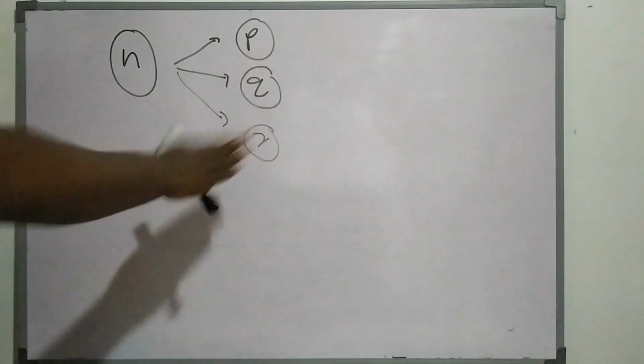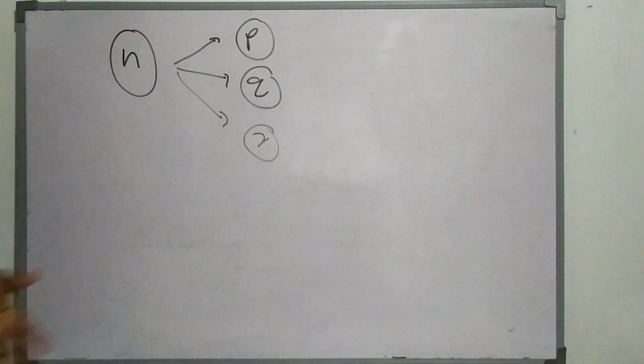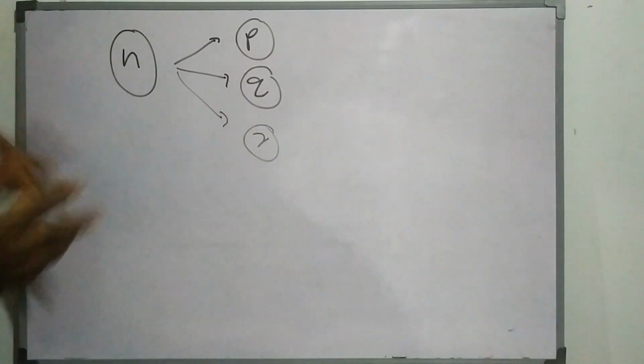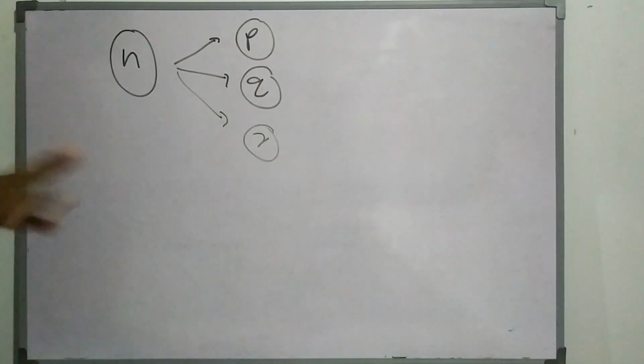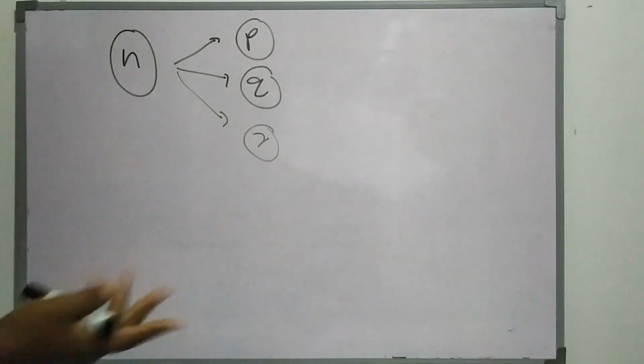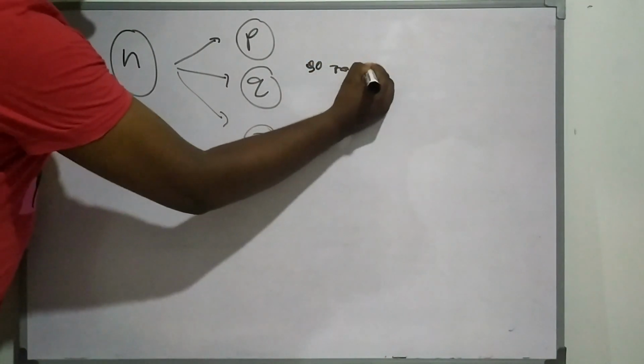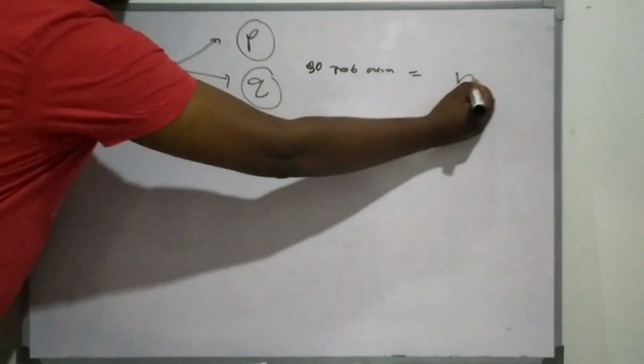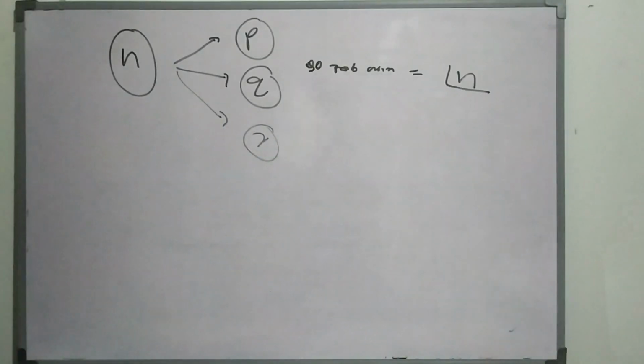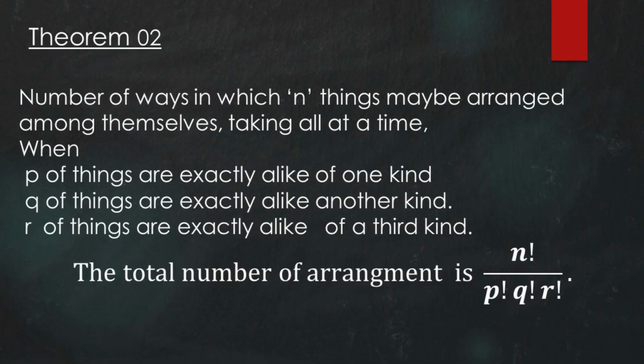The second theorem is strictly focused on this. We have n number of things, and p, q, r likewise things are equal. Then the total number of arrangements is factorial n divided by p factorial, q factorial, r factorial.